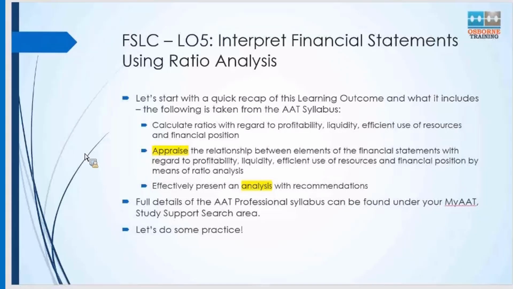You need to be able to appraise the relationship between elements of the financial statements with regard to profitability, liquidity, efficient use of resources and financial position by means of ratio analysis. And then you need to be able to effectively present an analysis with recommendations. This is where your writing comes in.